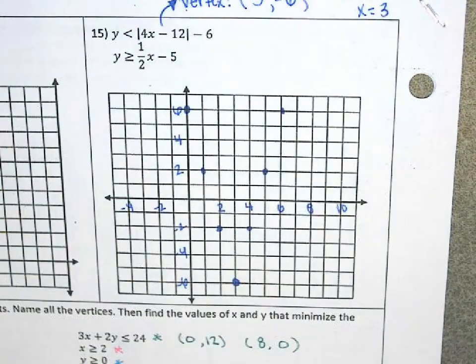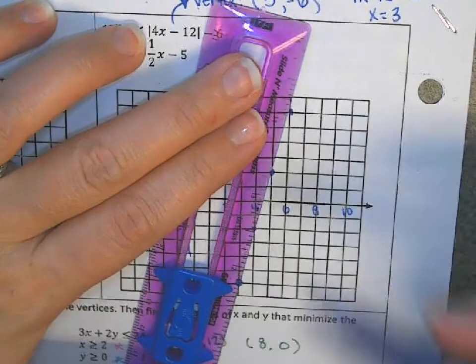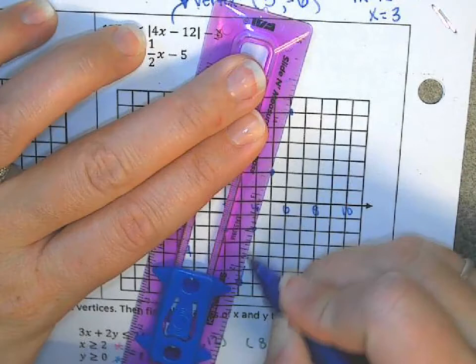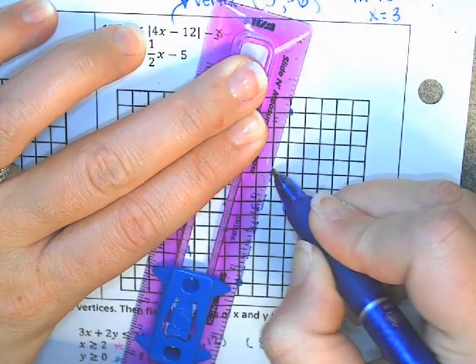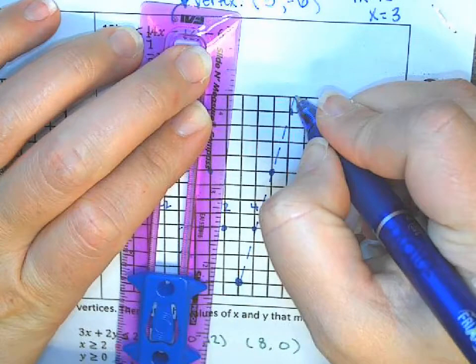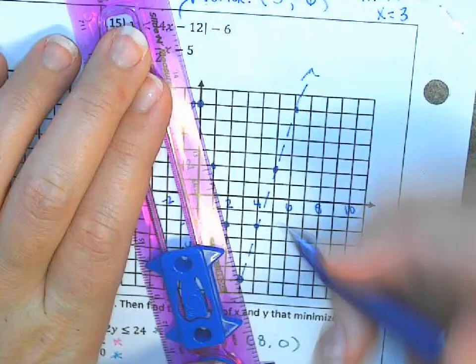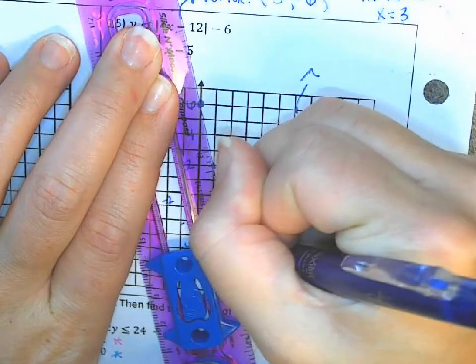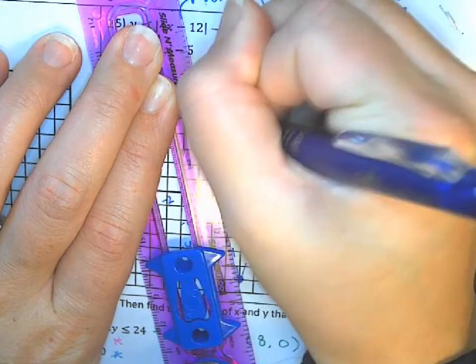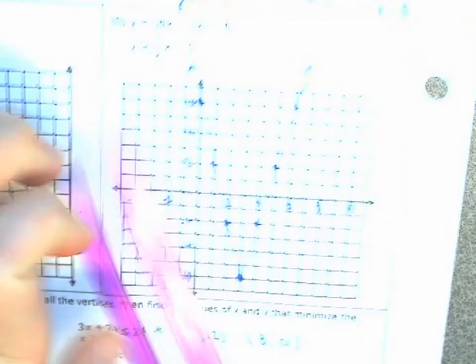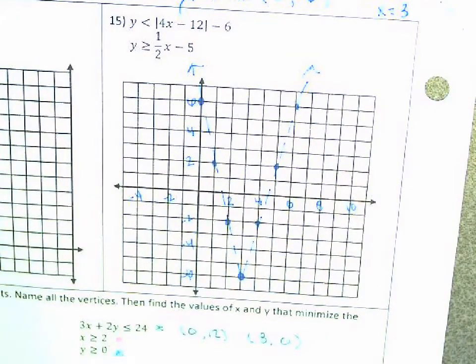And then how do I connect this? With a solid line or a dashed line? Dashed. There's my dashed line.